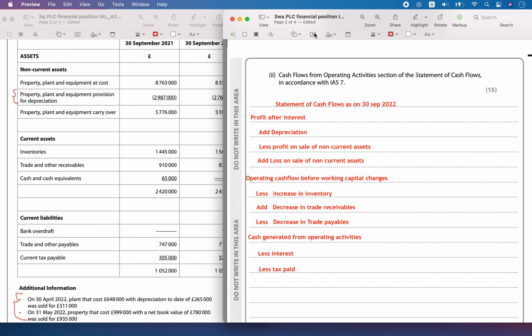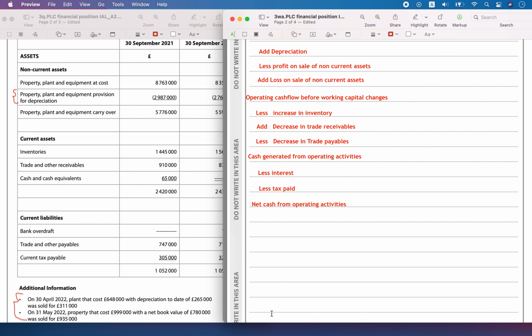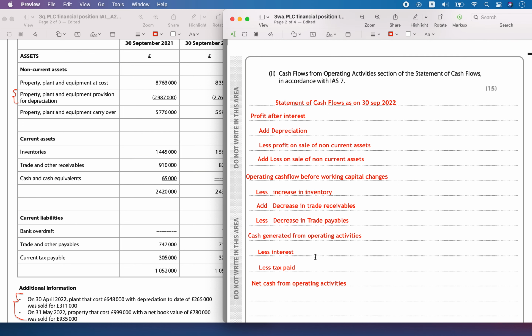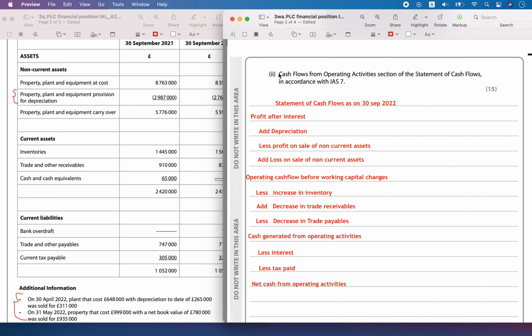Then I will get the net cash from operating activities.